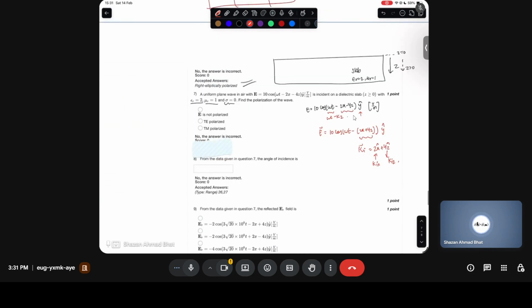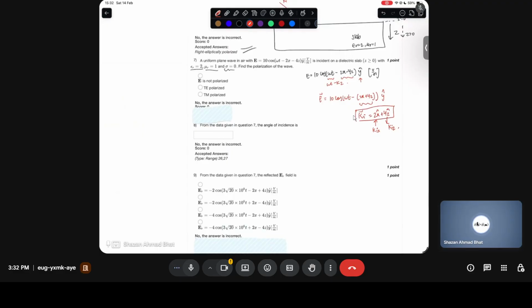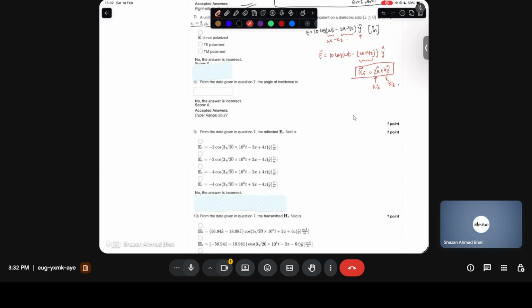Now when you draw it, how are you going to draw it? So let's say your wave is incident, something like this. You have an incident wave coming in, which is k incident. Why is it like this? Because from this k, the incident vector is not along the x direction or the z direction. It's along the x and z direction.